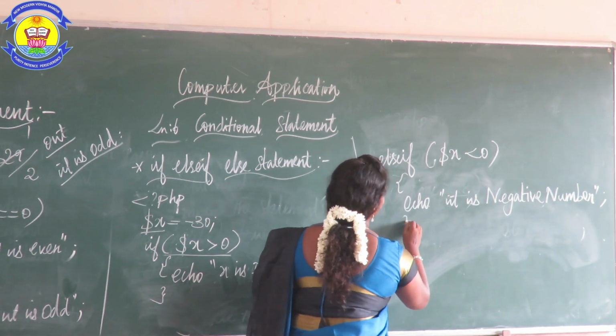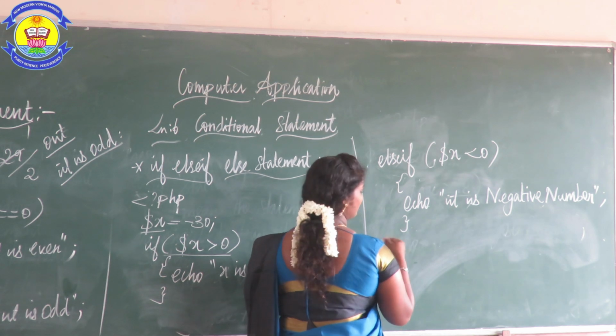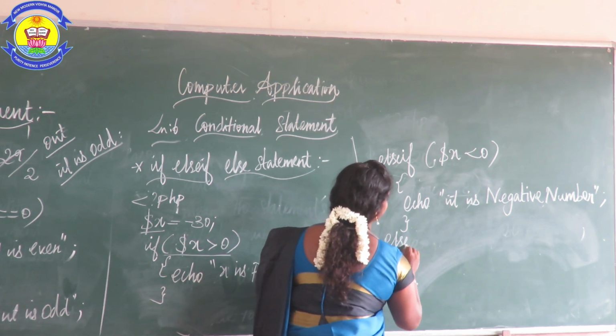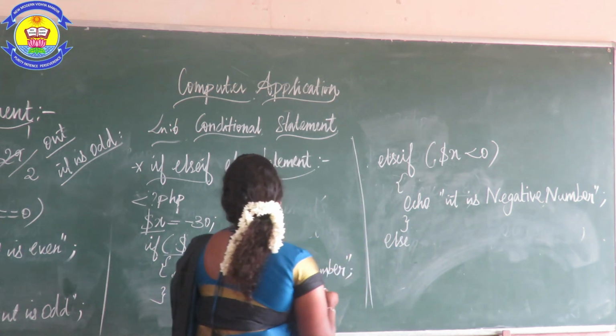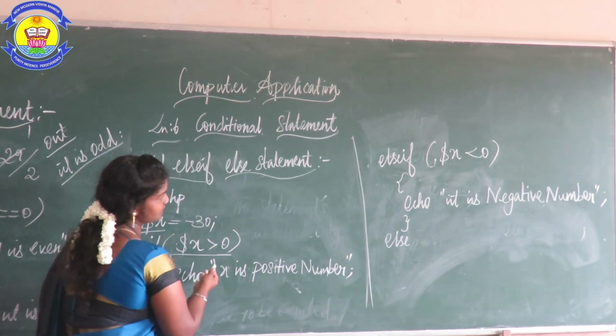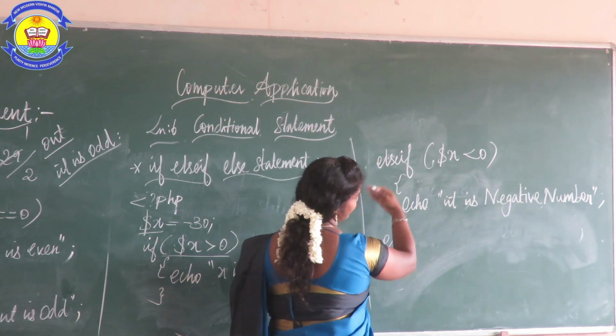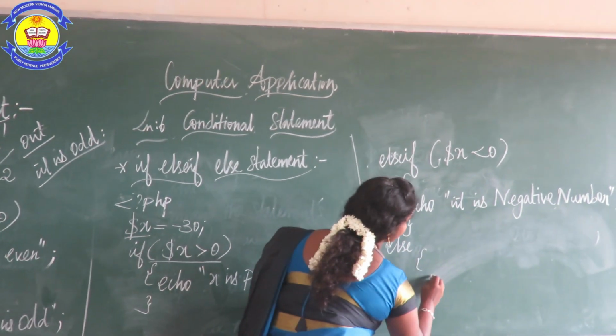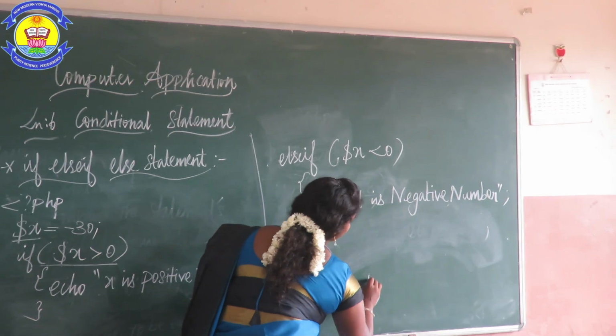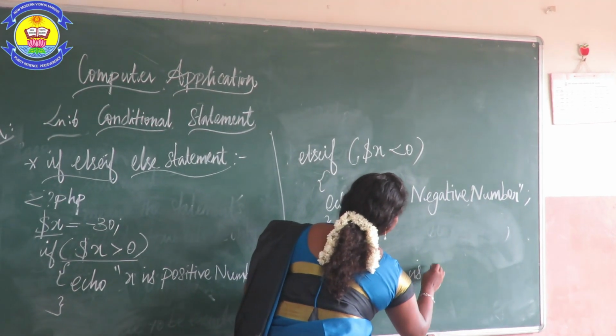And then the third condition is the else block. If the first condition is false and the second condition is also false, it will automatically move to the else block. It is echo "it is 0".